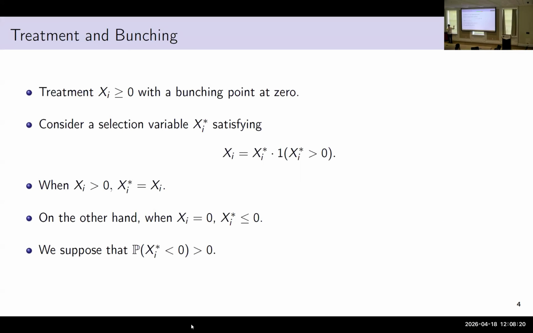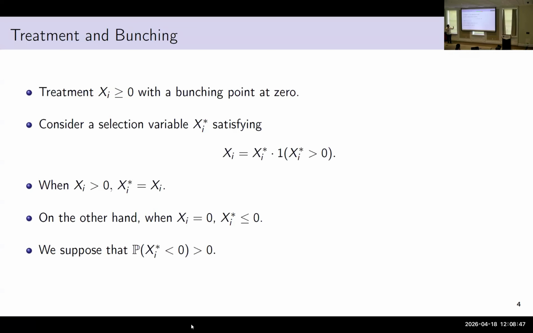I like to write the equation like this because for me it looks very much like a selection equation, in the sense that if X star is strictly positive, then you're selected into treatment, and that determines your quantity of treatment. So when the treatment is strictly positive, it equals X star.